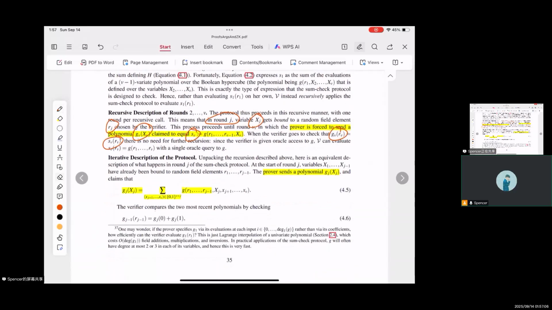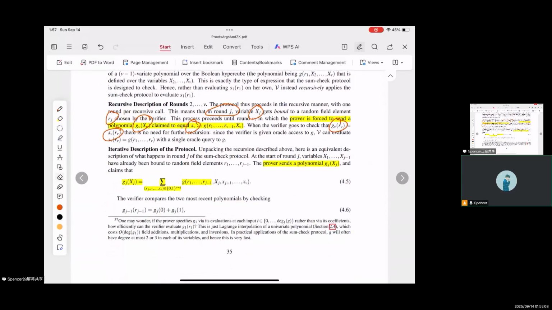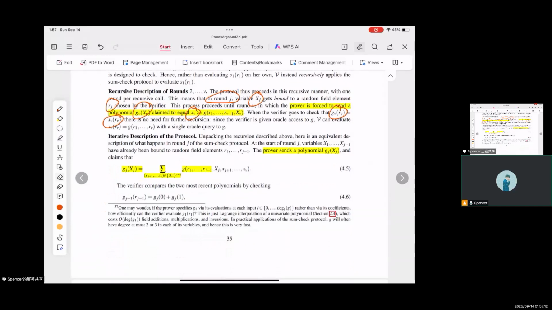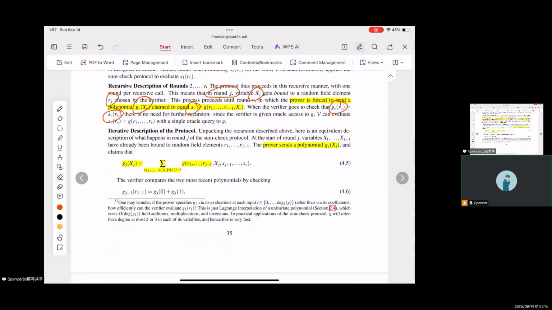These are two perspectives for understanding what happens in round j. At the start of round j, variables x1 to xj-1 have already been bound to random field elements r1 to rj-1, these j-1 random values.